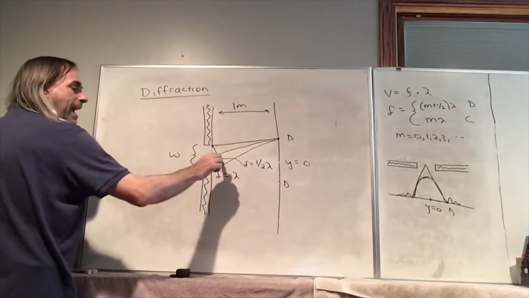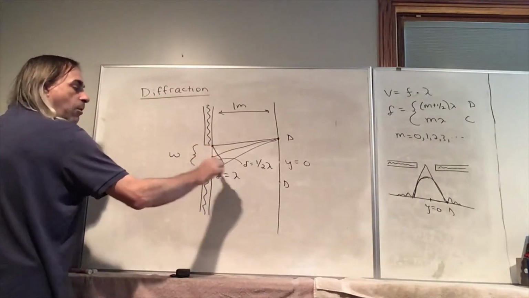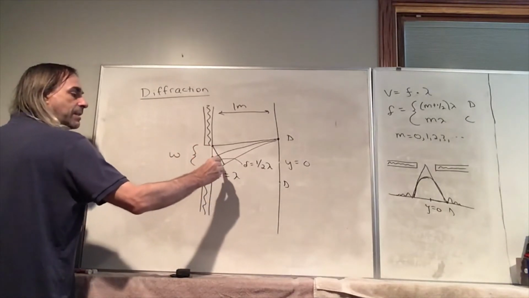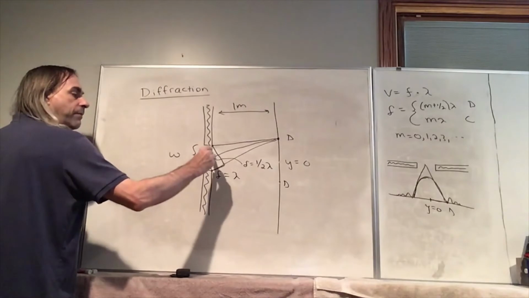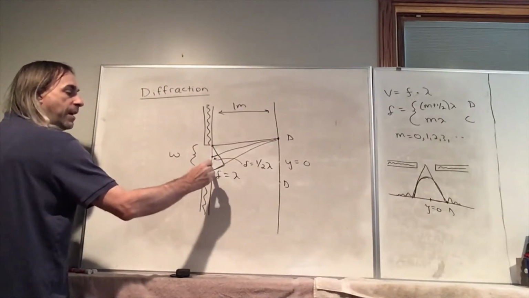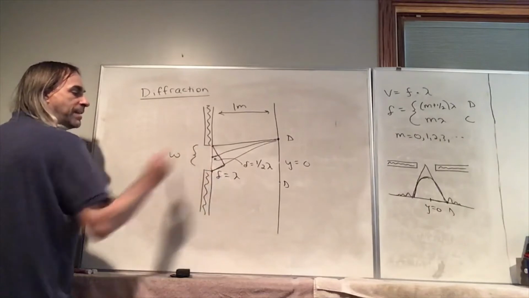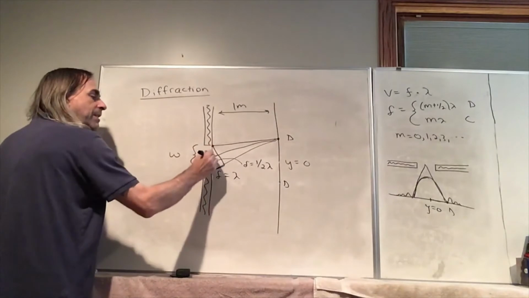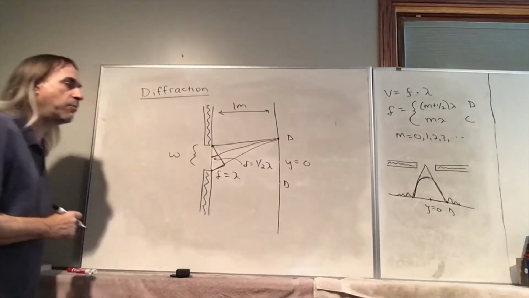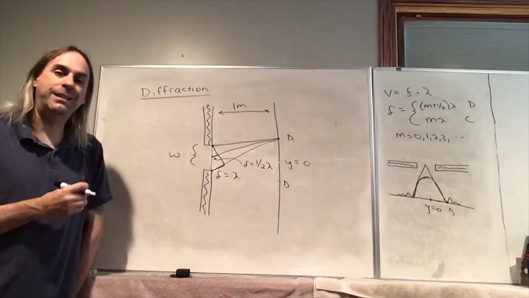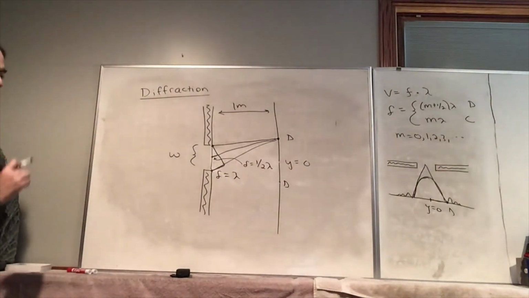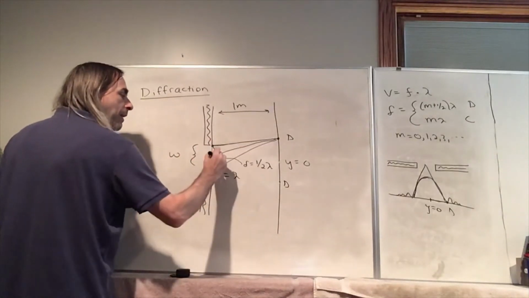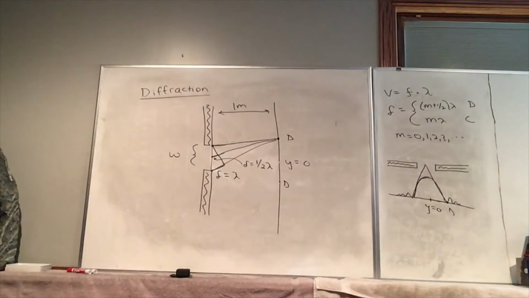If we cut it in half, this angle's the same for both triangles, so similar triangles. If this is lambda, this is going to be 1/2 lambda. So just looking at this source, this point here, and this point here, these two are going to be exactly out of phase and interfere destructively. So this ray and that one interfere destructively.